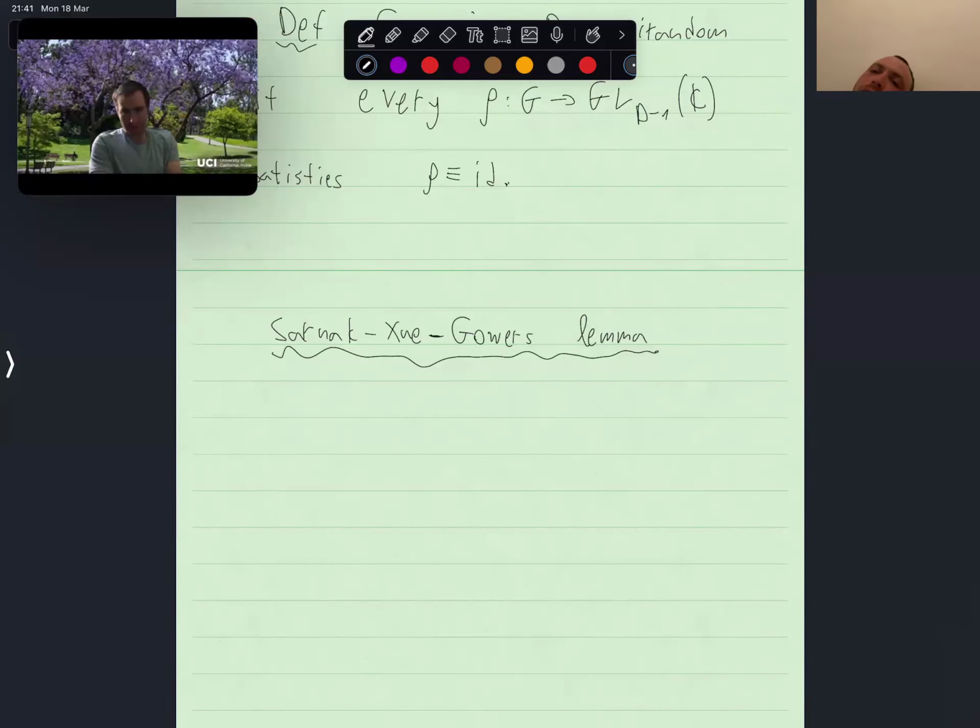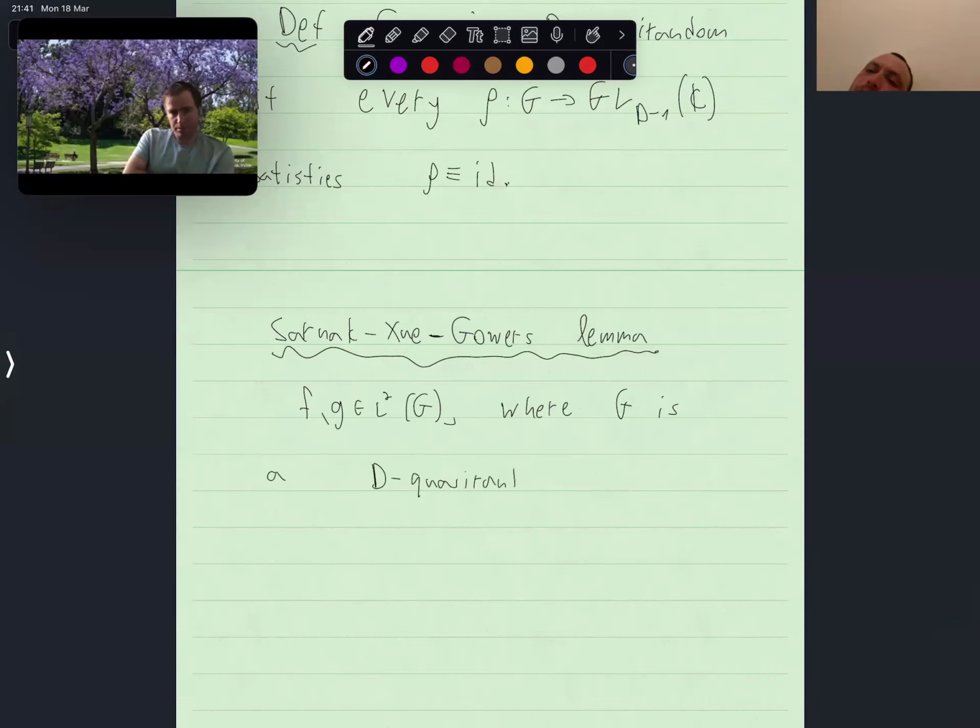So suppose that F and G are in L2 of some D quasi-random compact group.